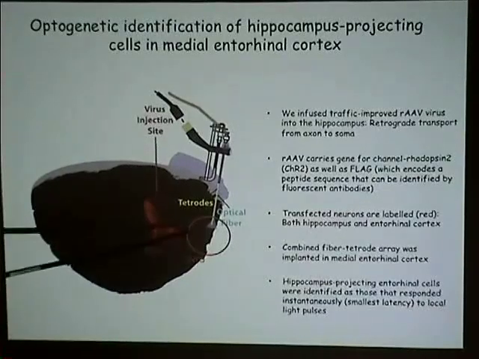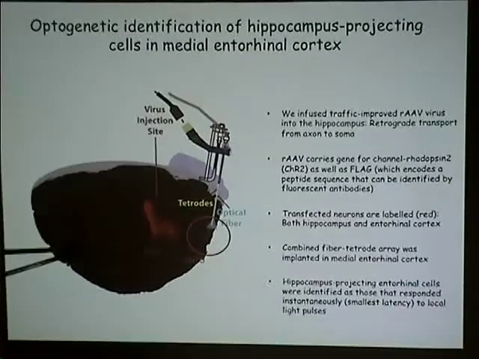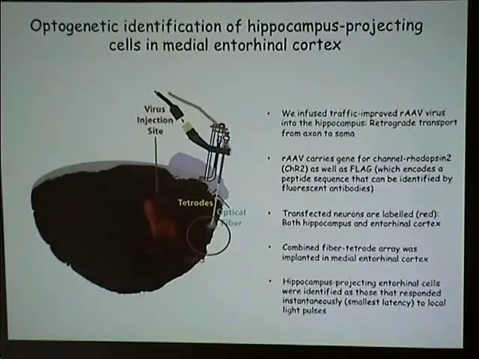And one of those is the medial entorhinal cortex. You will also see a few others, like the claustrum and other areas that are really remote, which have direct projections into the hippocampus. So it very efficiently labels cells that have projections into the hippocampus, because the virus is taken up by the axon and then somehow transported back and expressed in the soma.